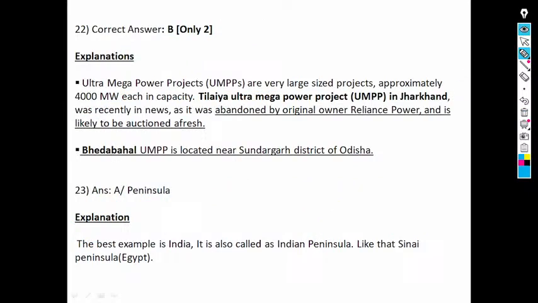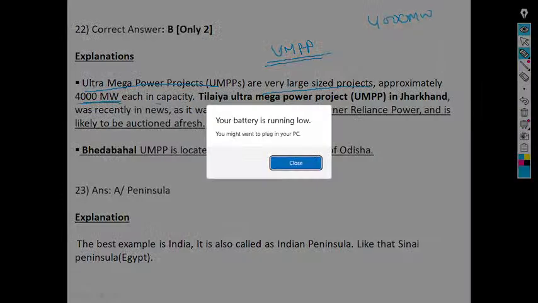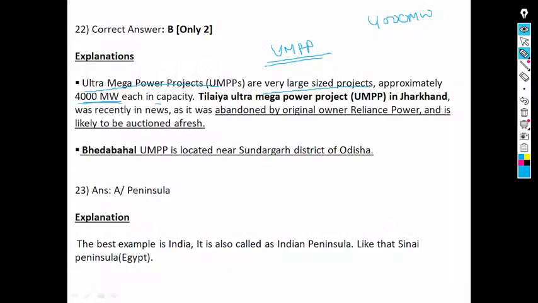Okay, look, ultra mega power projects, UMPP, are very large projects, approximately 4000 megawatt capacity each. Ultra mega power projects are basically 4000 megawatt.